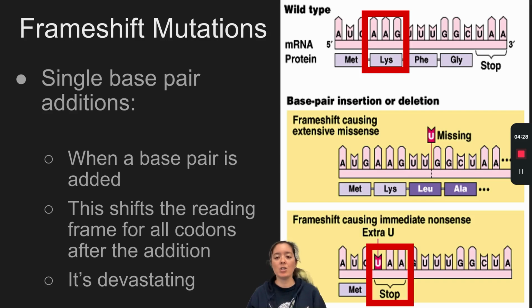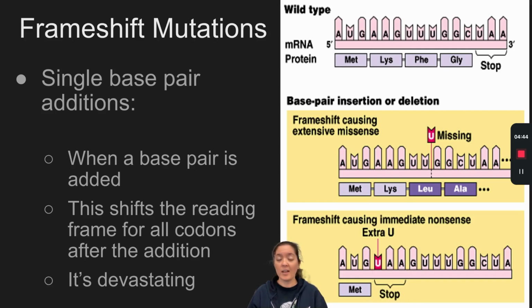If we add in a U at the beginning of that codon, now it's UAA. We shifted our reading frame because we have a new nucleotide coming in. And UUA, instead of coding for lysine like we should, it's an early stop. This, again, is really bad for our protein because it's not getting all of the amino acids it needs. Everything after that is affected.